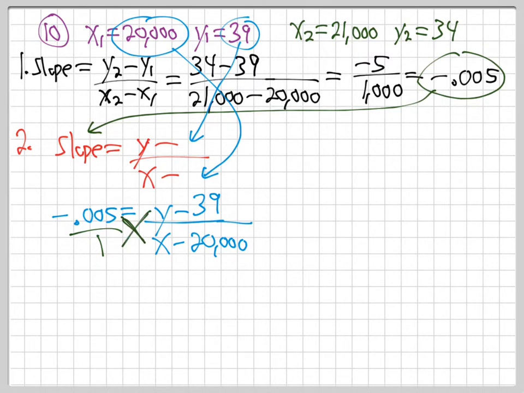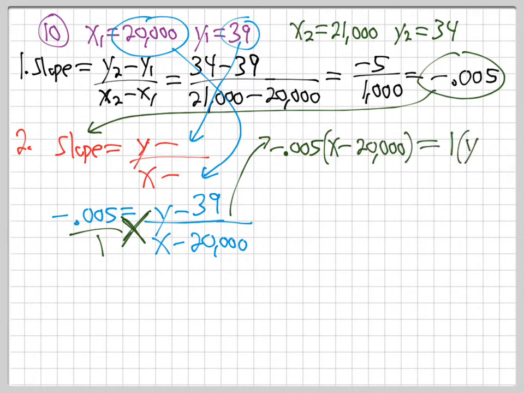And go diagonal, diagonal. Cross multiply, like that. So I'm going to get minus 0.005 times x minus 20,000 equals 1 times y minus 39. Is that good? Like that?